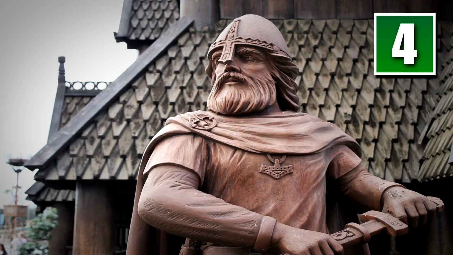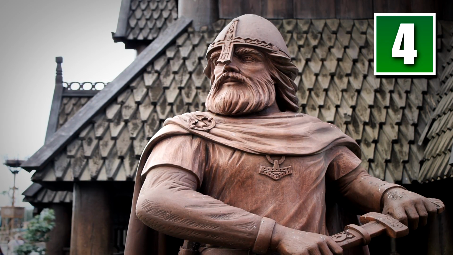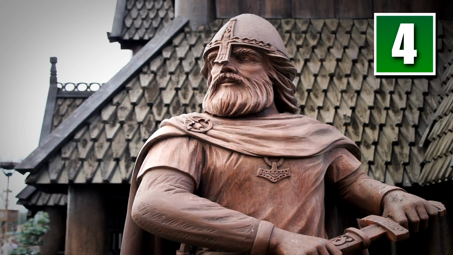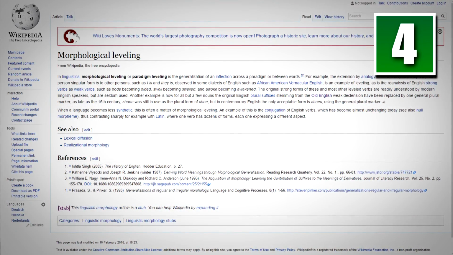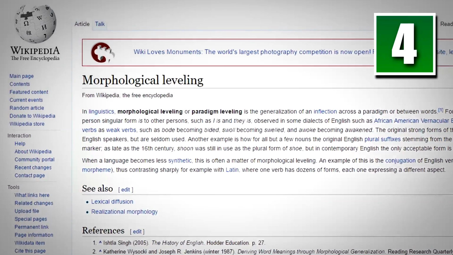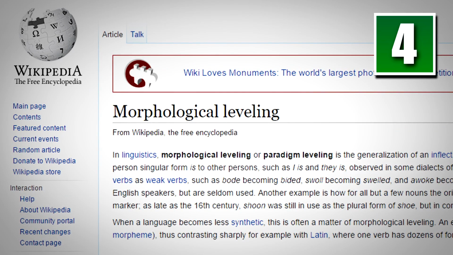The influence of this on the English language was incredibly impactful. One of the possible reasons as to why the fundamental grammar of Old English changed was that the intermingling of Old Norse and Old English led to what is called morphological leveling, which means the disappearance of complicated endings of words, allowing for a simplification of things.